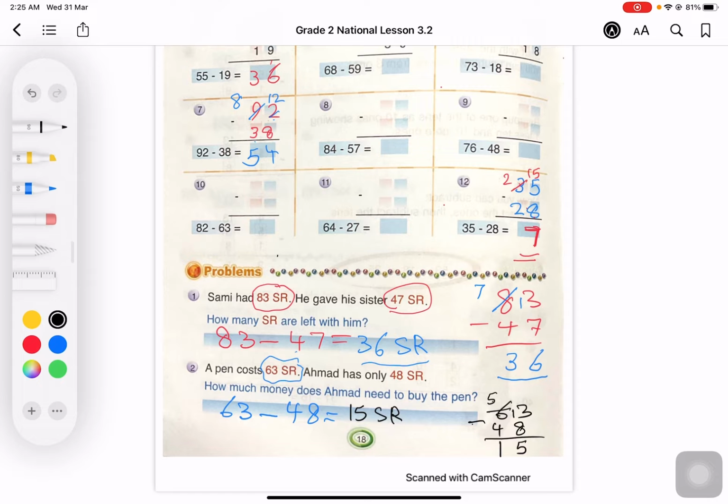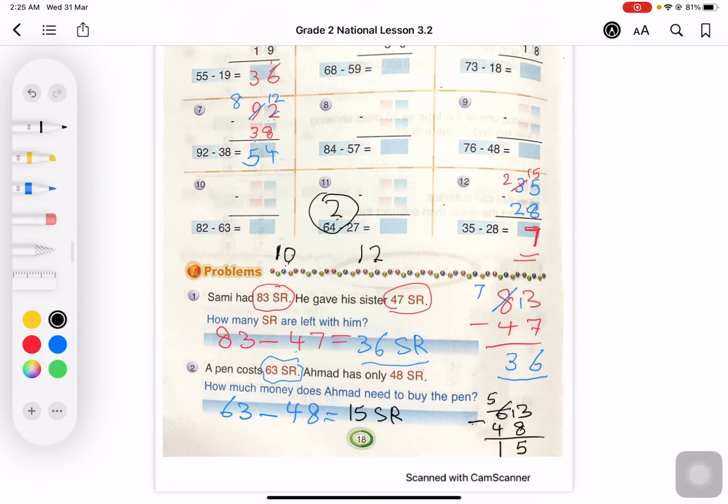You have only 10 and the price of your game is 12. So the money you have is less. How much is less? To know, I will subtract 12 minus 10. So I will say I need 2 more Jordanian dinar حتى يصير معي 12 so I can get what I want.